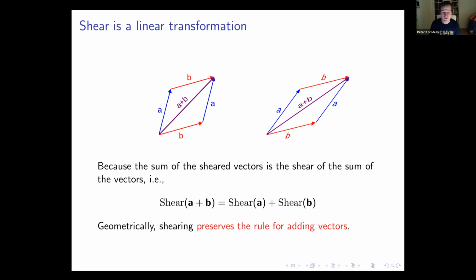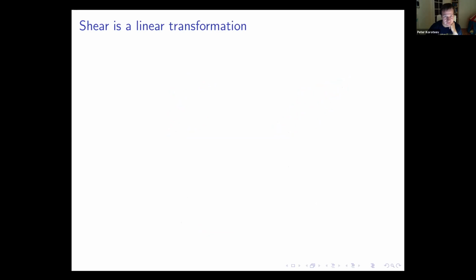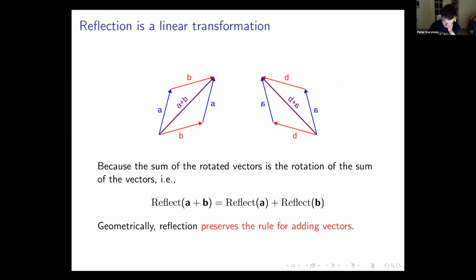How about shear? Maybe let's do reflection first. It might be a bit easier. Say we write a reflection relative to the vertical axis, the x2 axis. What should it do?